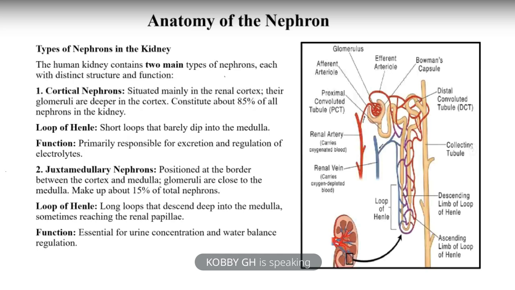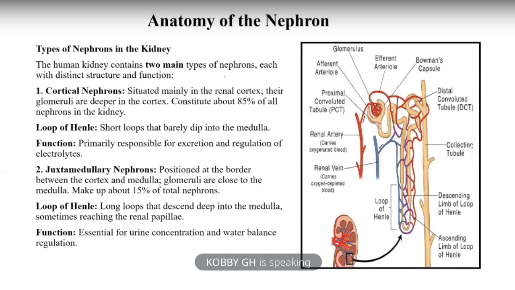So to know the difference between a cortical nephron and a juxtamedullary nephron, we basically use where the renal corpuscles are located and how far their loops of Henle extend into the medulla. So first of all, let's look at cortical nephrons.